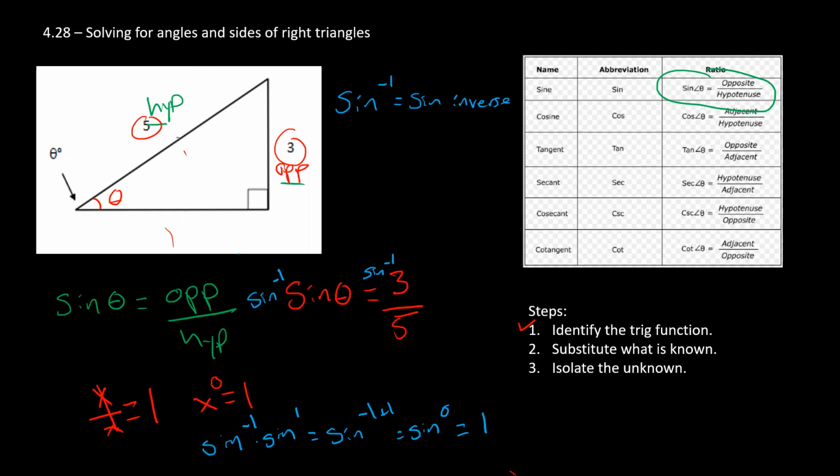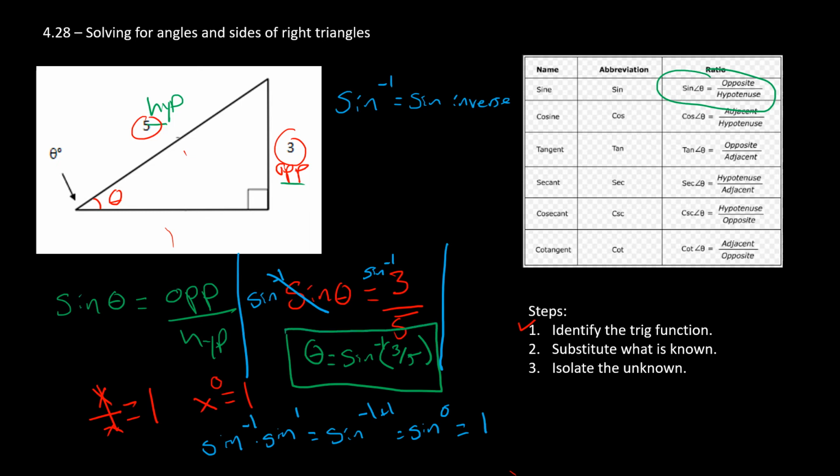So the sine to the negative 1 and sine simplify out, giving us 1. What we're left with is just theta equals sine inverse of 3 over 5. You want to put these in parentheses, as that belongs there.